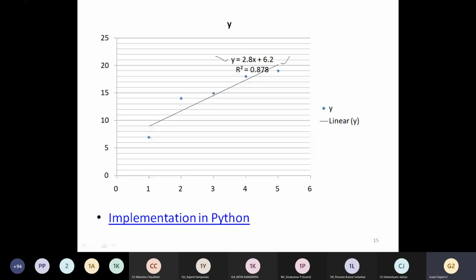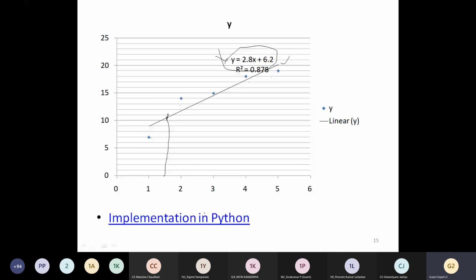We have a value of y known to us for x equal to 1, x equal to 2. If I want to predict the value of y for x equal to 1.5, I can predict it using this line equation. That is how you can predict the value of y for unknown x using this model.